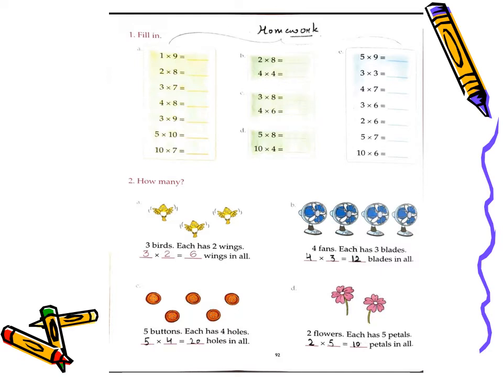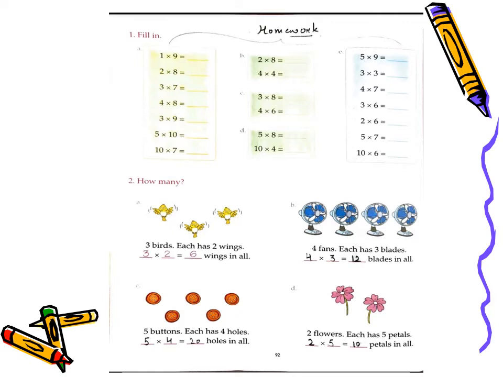C part, 5 buttons, each has 4 holes. There are 5 buttons and each button has 4 holes. So we will write the total number of buttons, that is 5, and 4 holes each, so we will write 4. How many holes in all?